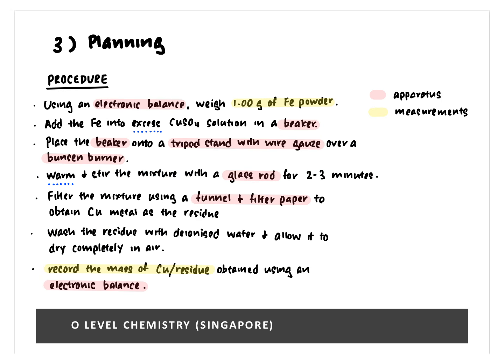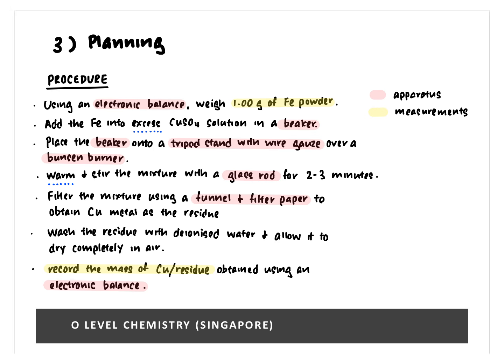I have no idea how detailed they want the procedure to be, but this is a highly detailed one, where every apparatus and every step is shown. So as mentioned, you need to state the apparatus and the measurements that you need to make. So you need to use an electronic balance, weigh 1 gram of iron powder, right?